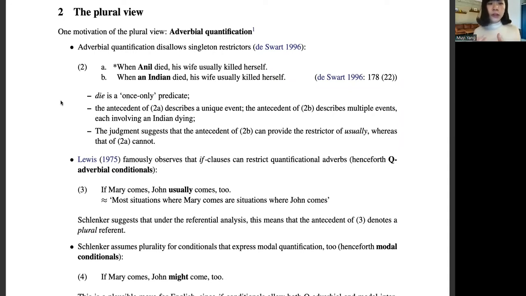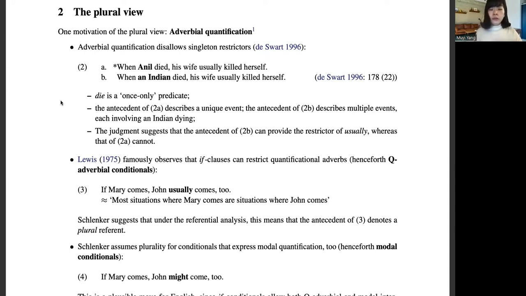So what does this contrast tell us? First of all, the predicate die here in the antecedent is a once-only predicate. So the dying event can only happen once to one agent. And because the antecedent of 2A has a proper name as its subject, this means that the antecedent of 2A describes a unique event, namely a Negro dying. And the antecedent of 2B, because it has an indefinite as the subject, describes multiple events.